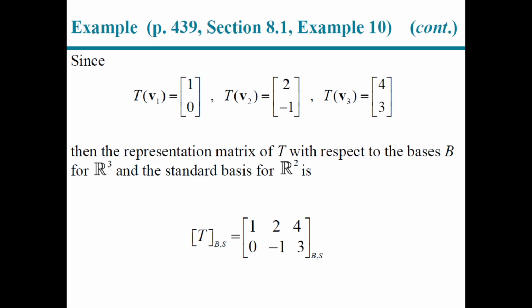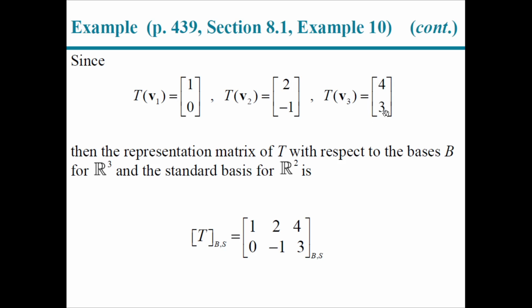So in this case, it's going to be super easy to build the representation matrix, relative to the basis B of R3 and the standard basis for R2. Well, that's super easy now because we are already given the images of the basis vectors from basis B under the action of the linear transformation T. So they are here.